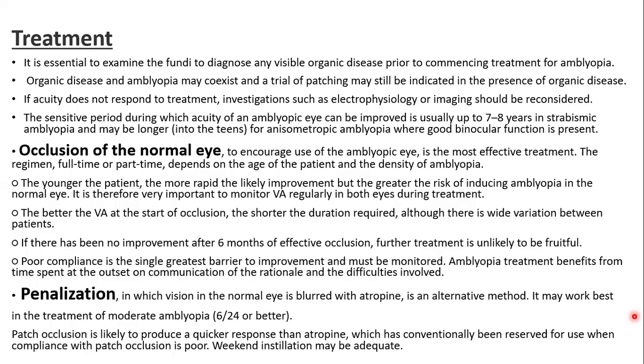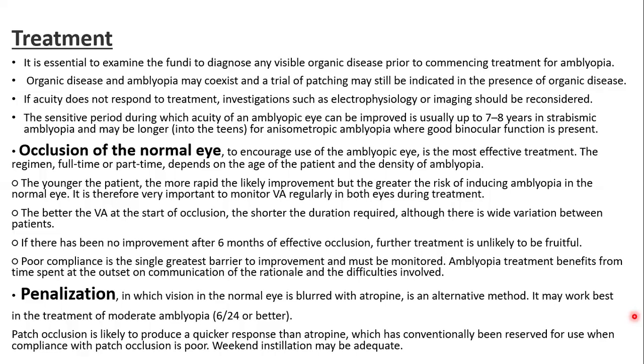So what I wanted to ask is whether we can do penalization in severe amblyopia, or whether it is allowed only in mild amblyopia. Penalization is in moderate to mild amblyopia only. Because when you are doing penalization, you will use atropine in the normal eye.